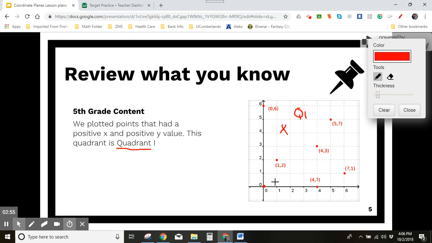I move to the right 1, 2, 3, 4, 5. There's my 5. So my x value is 5. And then I move up 1, 2, 3, 4, 5. So my y value for my ordered pair is 5. So 5, 5. All right.